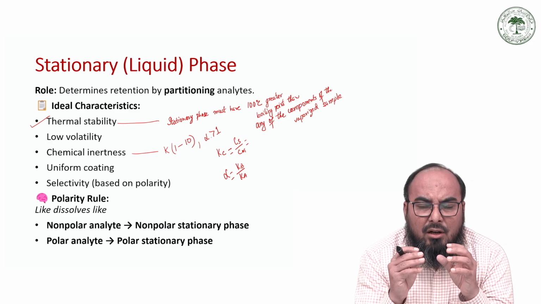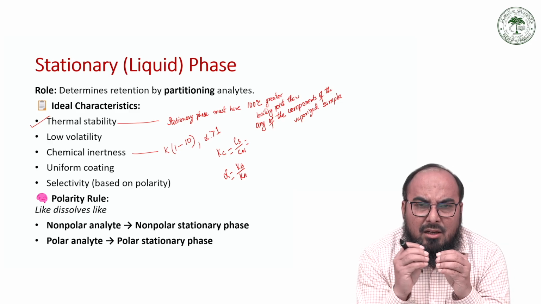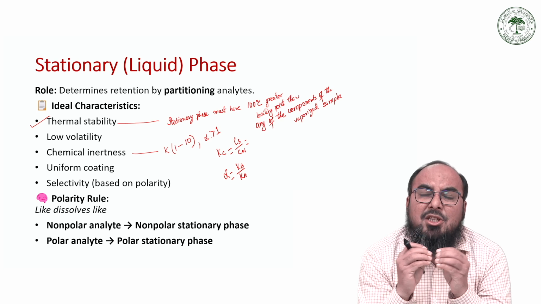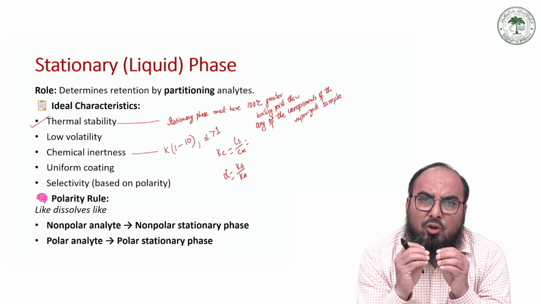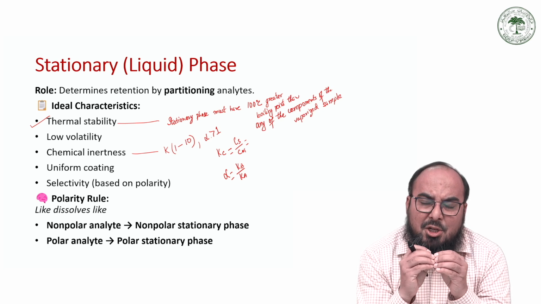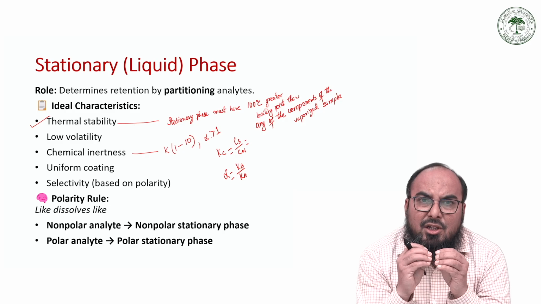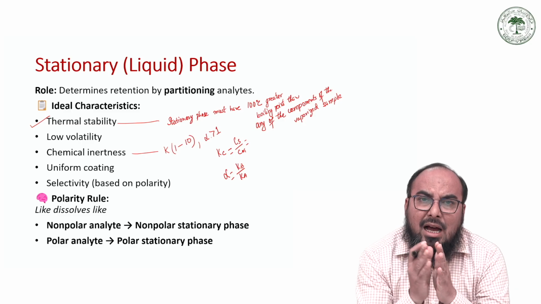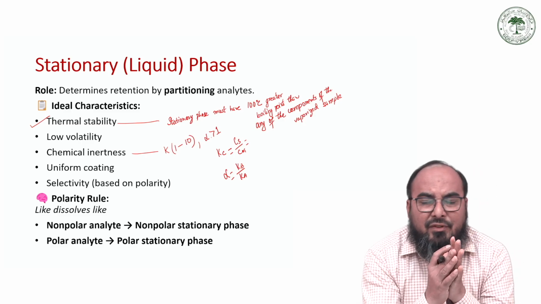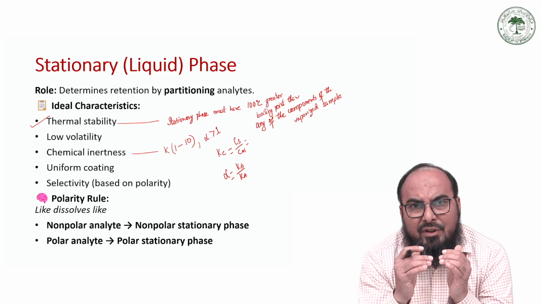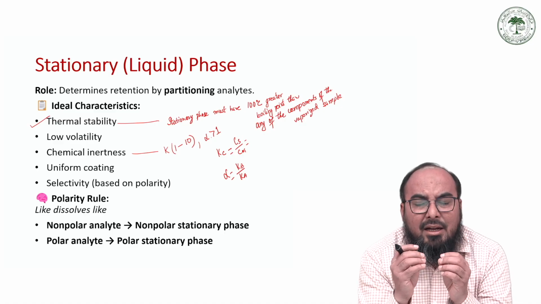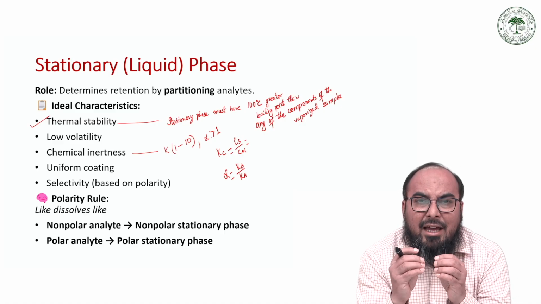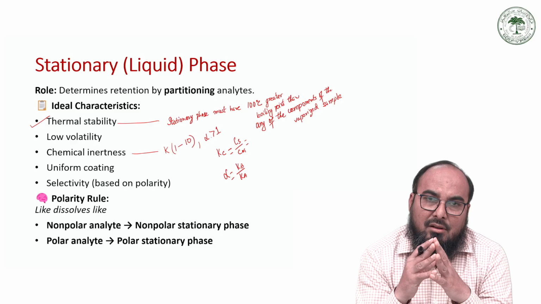That is how it is partitioning, that is, your component is interacting with the stationary phase. If your K value is much greater, then it implies that the interaction is higher in the stationary phase. And if K is getting less, then it implies that your interaction is higher with the mobile phase.